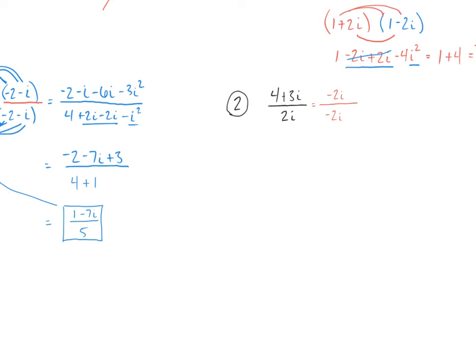So I'll go ahead and I'll multiply. That's going to leave me with negative 8i minus 6i squared. Remember, the numerator can be whatever. We don't care about the numerator, but it's important that the denominator not be complex or imaginary. And then in my denominator, I will have negative 4i squared. So if I keep going with that, that's going to give me 6 minus 8i over 4. No longer do I have a complex denominator.